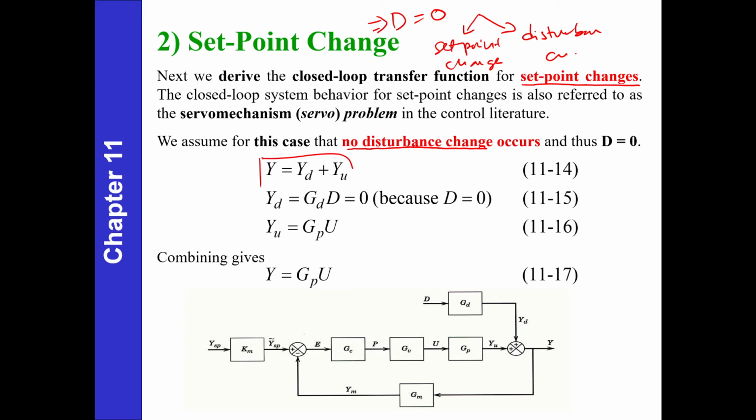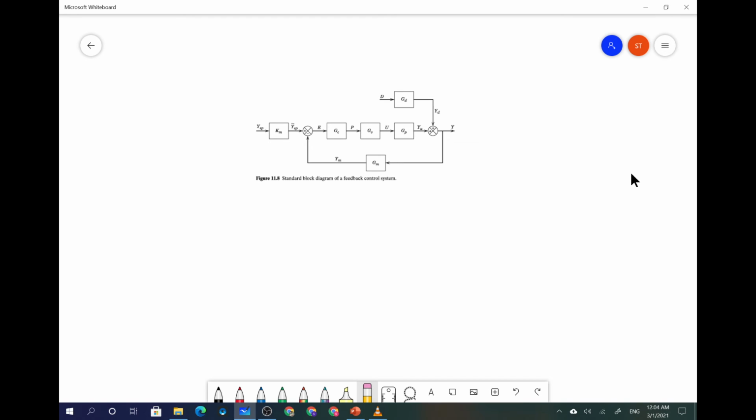So start with this equation. I will show it on my whiteboard. Here is my whiteboard. Let us start a block diagram reduction from this figure 11.8. Where should we start? We should start with this one.